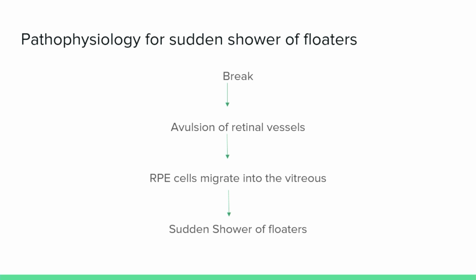The sudden onset of floaters due to the break happens after the break forms only. So before the break forms, these floaters don't come. Either the vessel has to get avulsed or the RPE has to migrate, only after the break forms. So it's always the flashes which happen first, then the floaters come. That's how the typical pathogenesis happens actually.